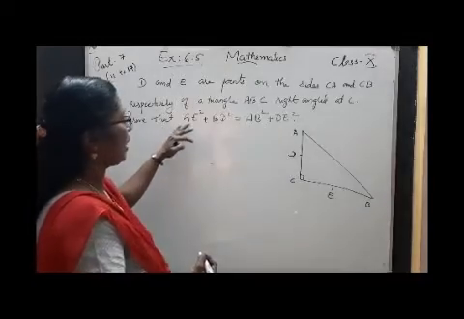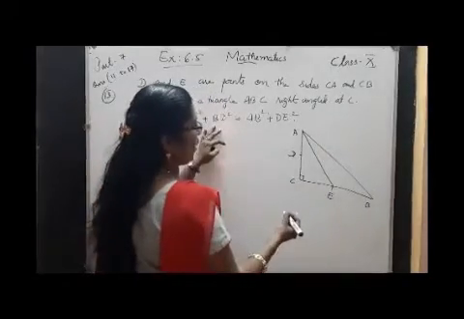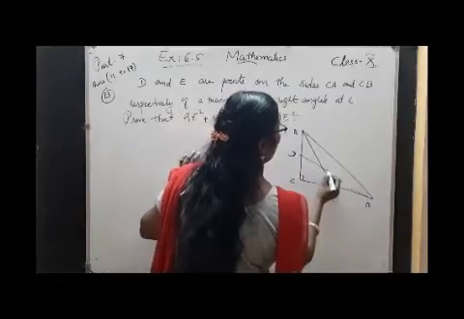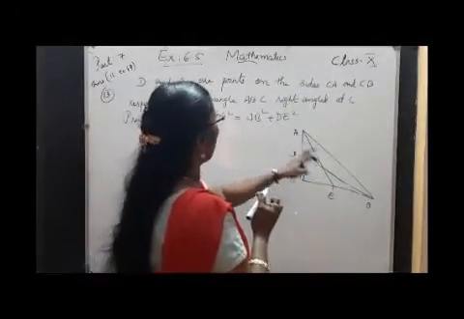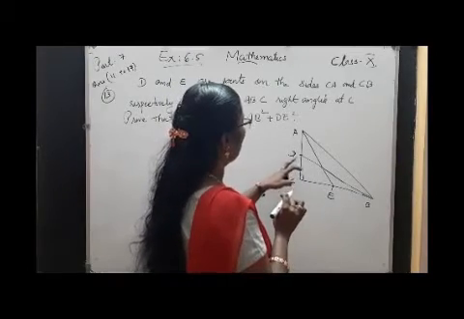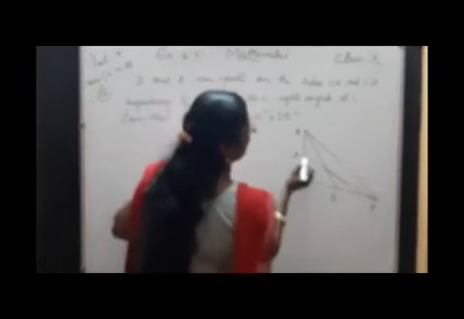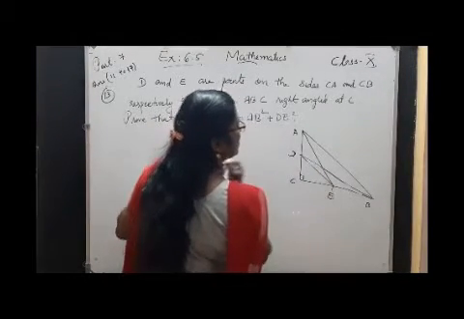We want to prove AE square, join AE, BD square, join BD, equal to AB square plus DE square. Okay. Then join D. This is D. Okay.